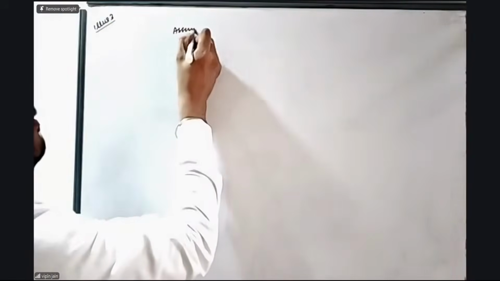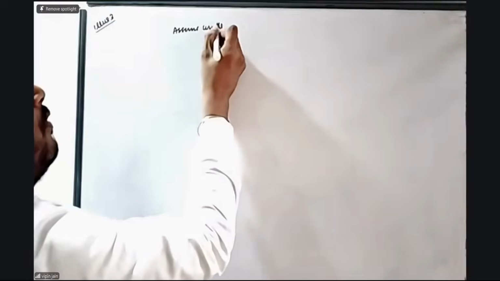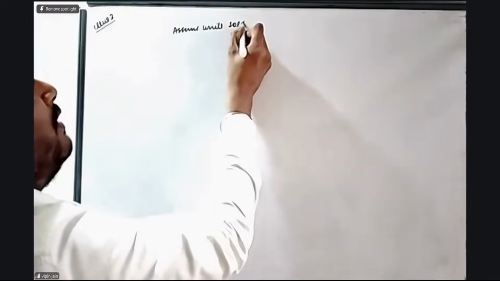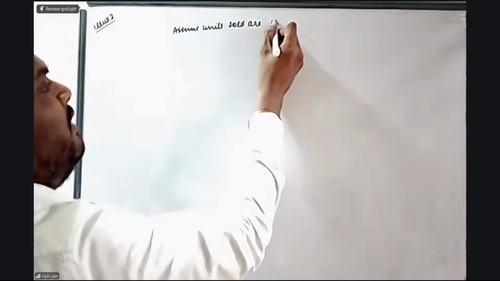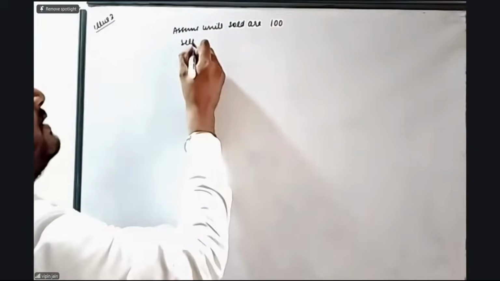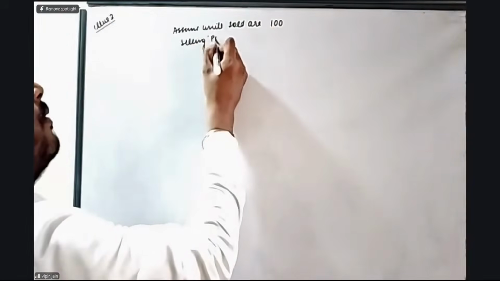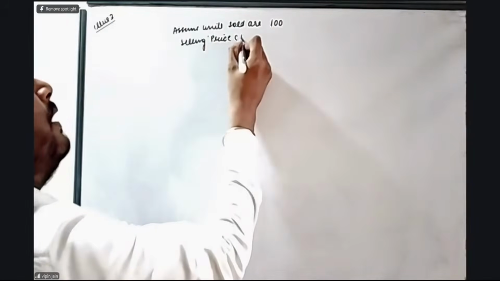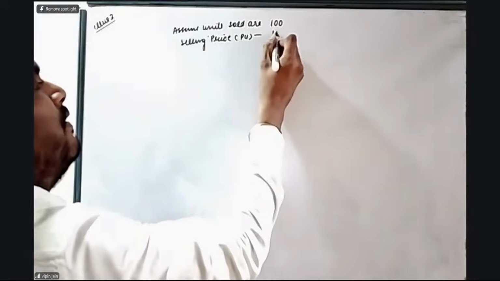So let's solve this directly by assuming units sold are 100 and selling price per unit is, let's say, 10.